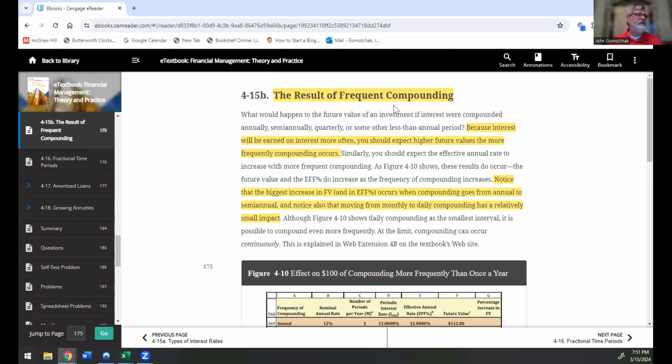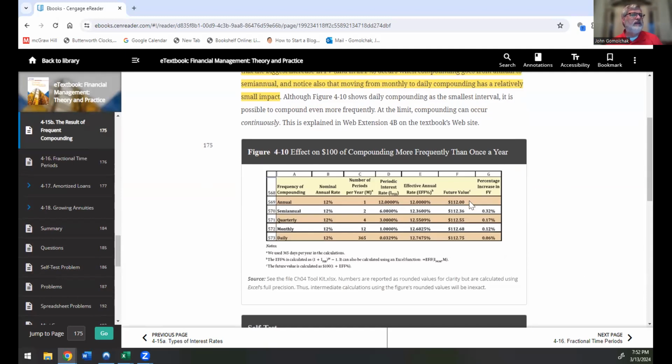All right, the result of frequent compounding. Because interest is going to be earned more often, you should expect higher future values the more frequently that you compound your interest. If you look here, they've given us a chart. If we take 12% and we do it on an annual basis, then our effective rate is going to be 12%.